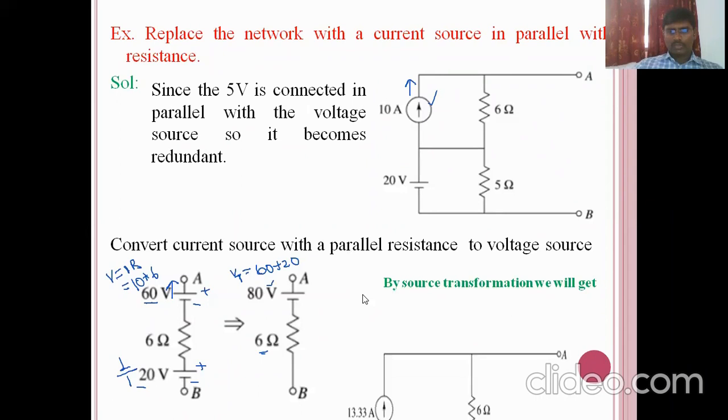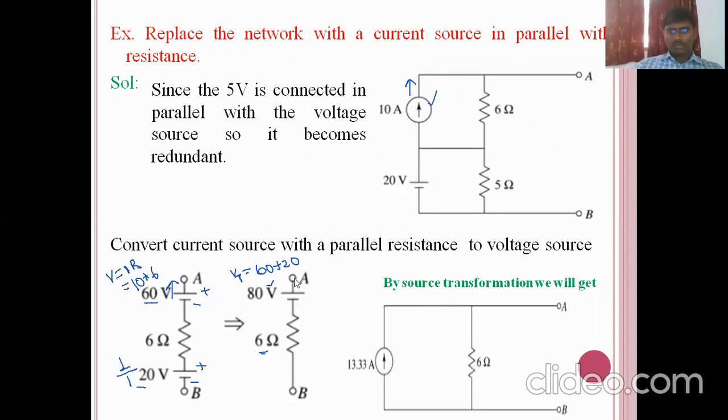By source transformation, we get I equal to V by R. V is 80 and R is 6, so 80 by 6 gives 13.33 amps.